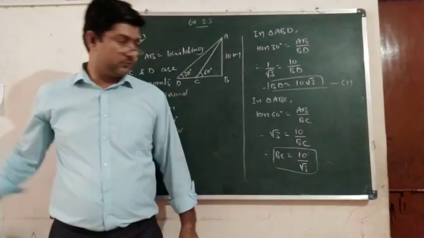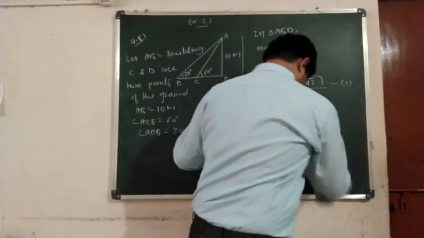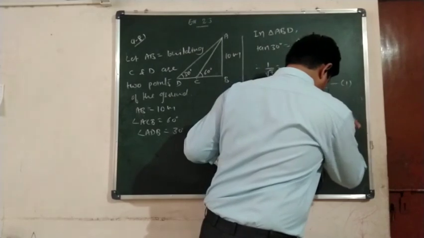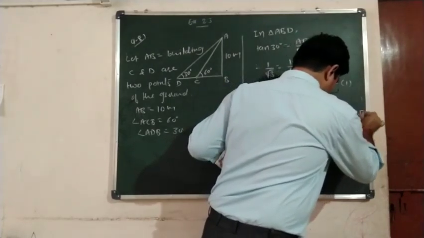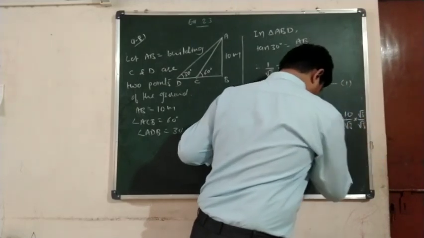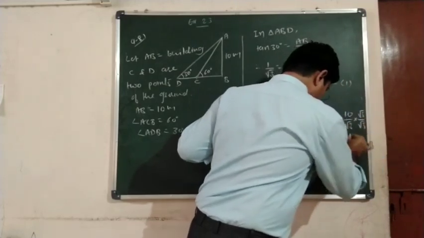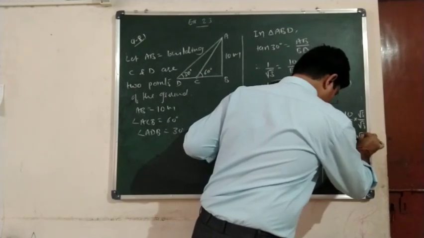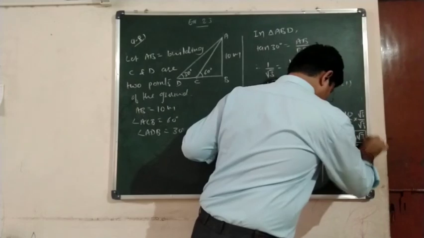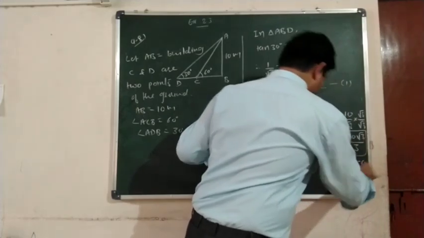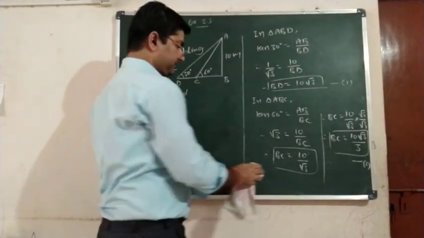Let me write down that one more step. Therefore, BC is equals to 10 upon root 3 multiplied by root 3 into root 3. Therefore, BC is equals to 10 root 3 by 3. Please note down, give this result number 2.